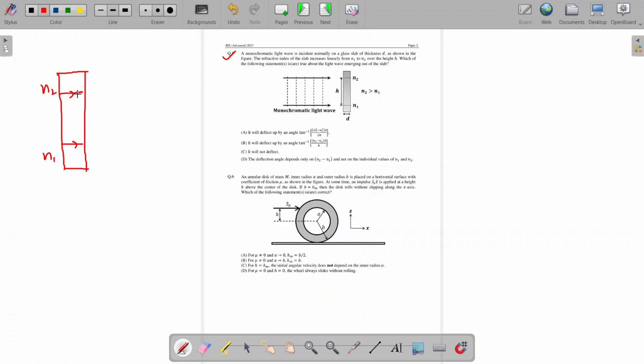But since light is traveling slower here, N1 will have time to travel more distance, which causes a deflection of the light path. Let's say this distance through which light has to travel extra is some x. This particular distance is h, and the angle with which the light has to deflect is some theta.